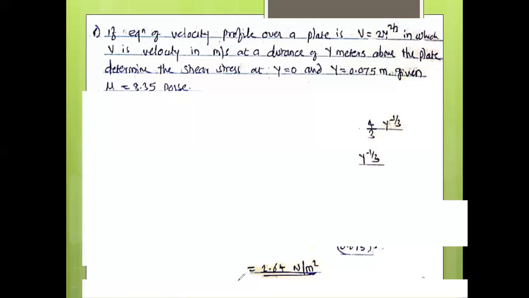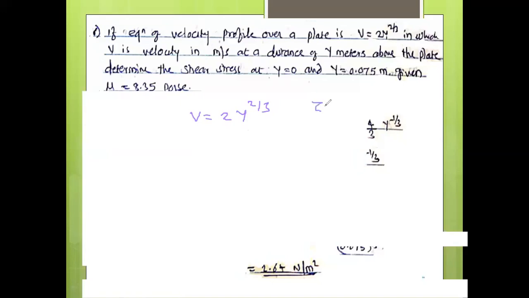Then write down the equation V is equal to 2 into y raised to 2/3. Now here, what is asked to find? Shear stress.